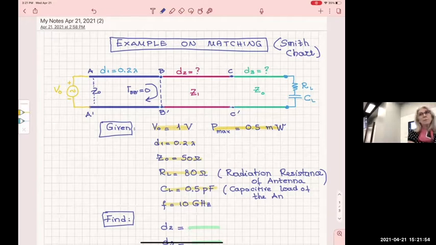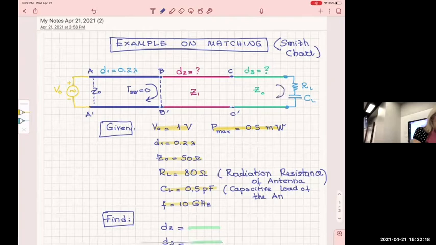Since I'm not asking you to add anything, then I know that definitely, since I have Z0 in the green line here, my reflection coefficient at the load is not 0. Since my load is RL and has a CL, my reflection coefficient here is not 0.